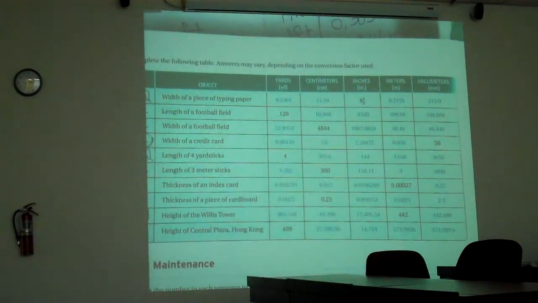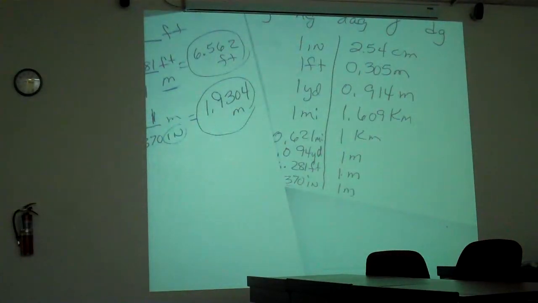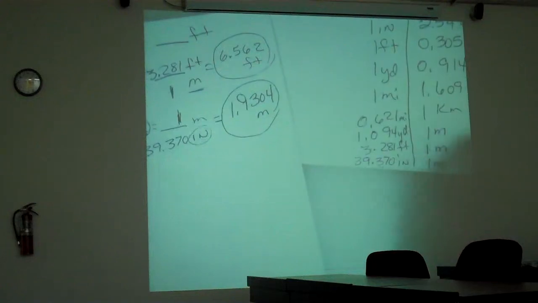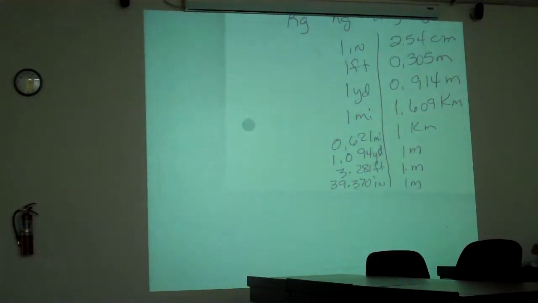You want to do one of them that's not one of your homeworks? I know you want to do the homework one, but let's do one that's not your homework. Just see what all we're going to do with it. Let's see, the very last one, the height of the Central Plaza in Hong Kong, 409 yards.